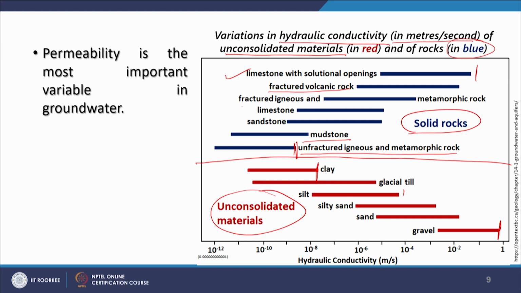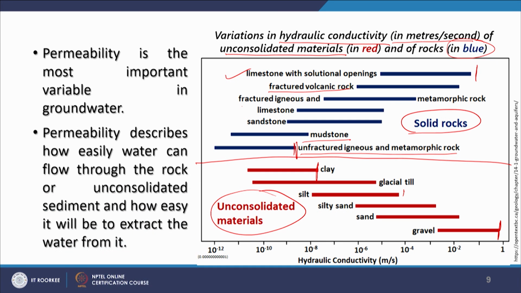So limestone in this case, or gravel in the unconsolidated materials, have the highest hydraulic conductivity, whereas mudstone in solid rocks and clay in the unconsolidated materials have relatively very low hydraulic conductivity.